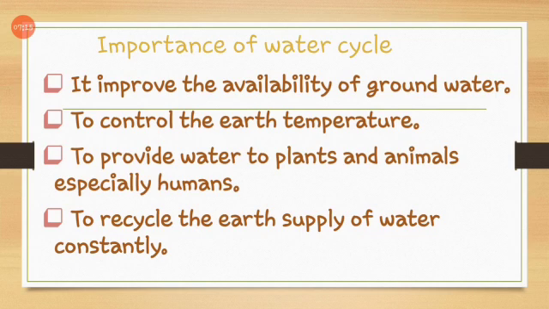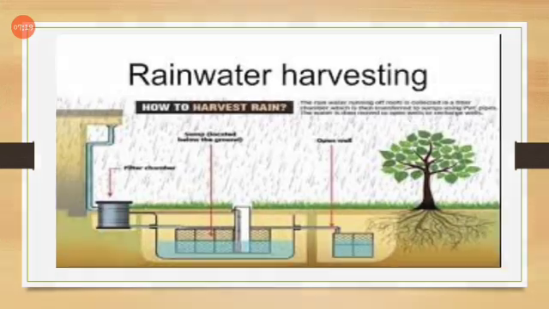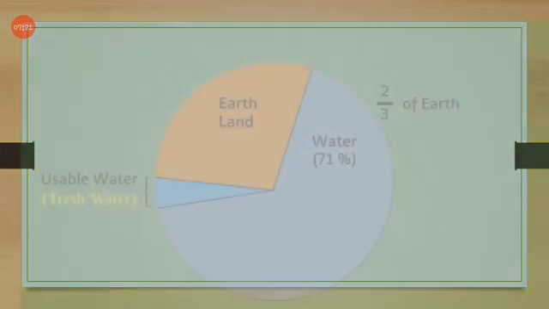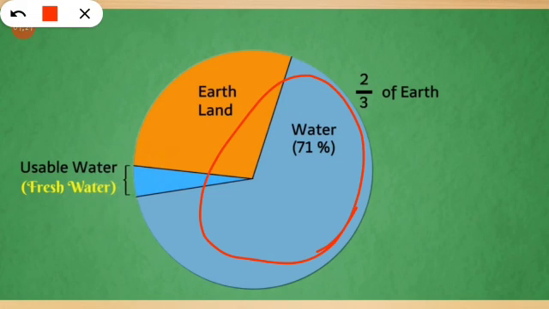Next we discuss rainwater harvesting. About two-thirds of the earth's surface is covered by water. However, the amount of usable water is very small. It is fresh water only that we are using.